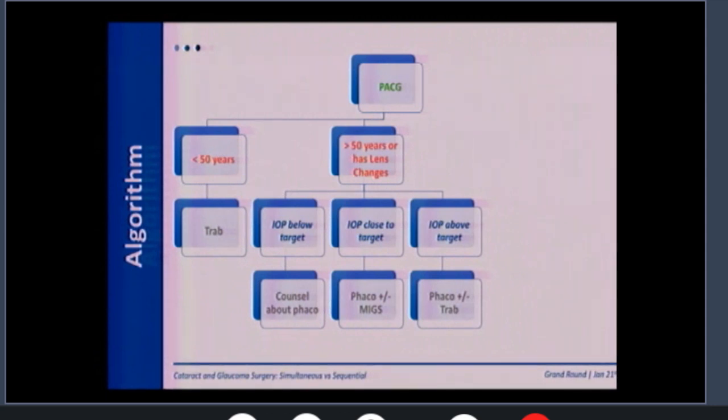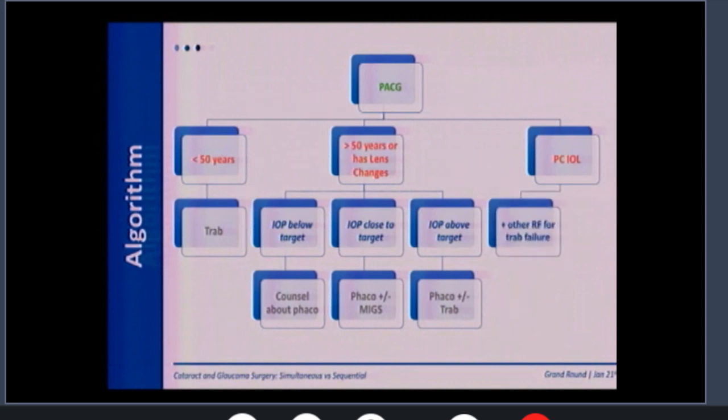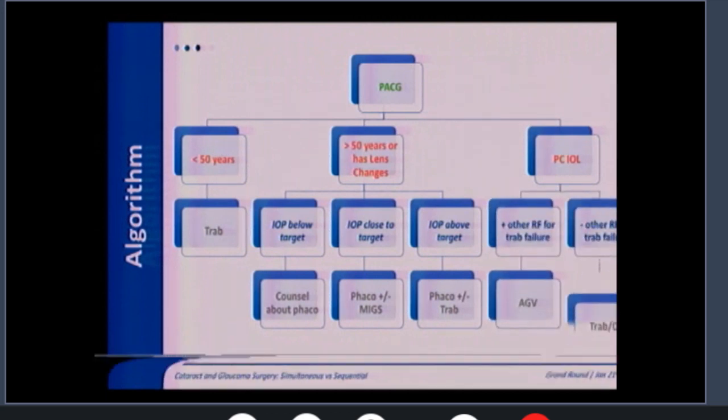If it's close to target, I would combine phaco with MIGS, whether an ECP or, sometimes if the angle opens up after phaco, you can do a Kahook. And if the IOP is way above target, I would probably think about phaco with TRAB. And again, same thing as with open angle if the patient is pseudophakic. If there are multiple risk factors for failure, a glaucoma drainage device; if pseudophakia is the only risk factor, a filtering procedure would be a reasonable option.